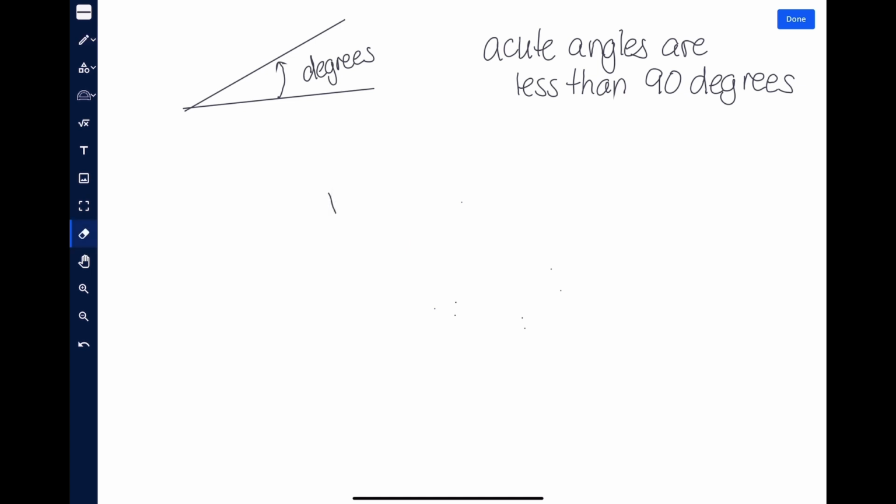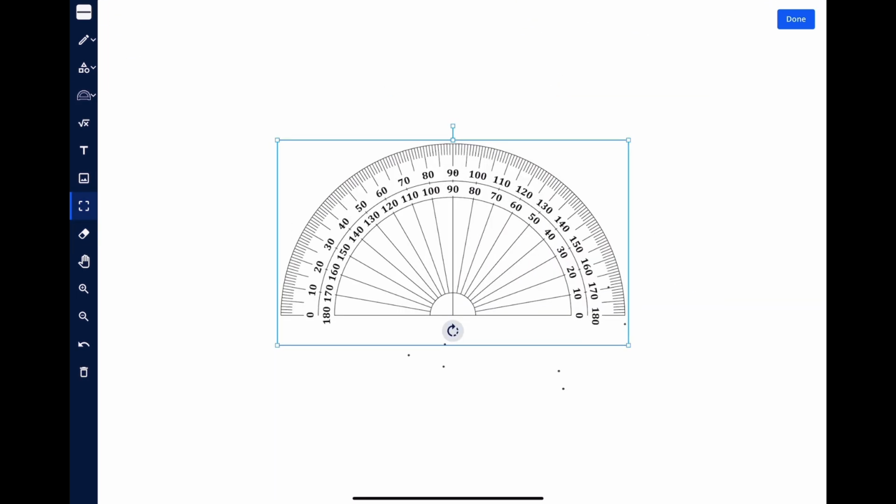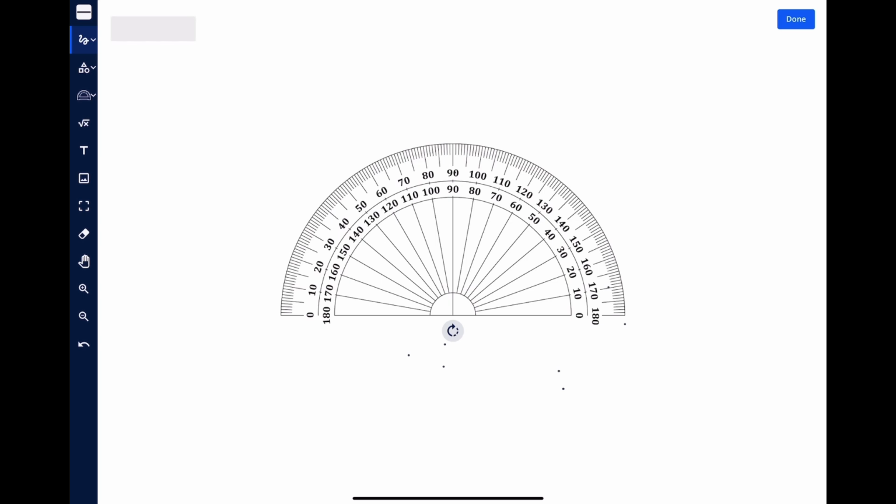So let me just erase this part for a little bit, so I can get another protractor here. So here's my protractor, and it's helping me to measure the degrees. If I'm starting here at 0, the further away the lines are, the more degrees there are. You can see the numbers over here, starting from 0, and they go all the way to 180.